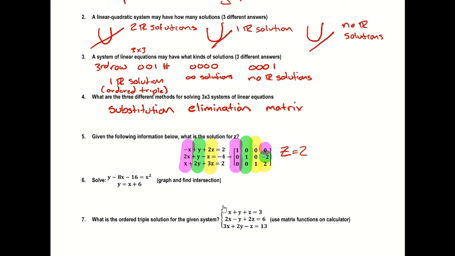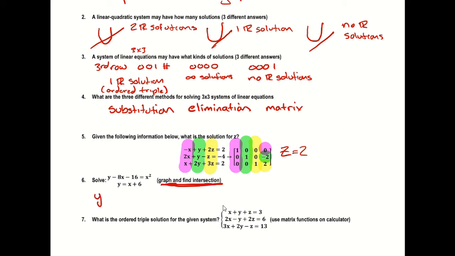Okay, number 6. This says to graph and find the intersection. So we're going to do the calculator method for this one. You see the second equation is already in a y equals form, so we need to get the first equation.